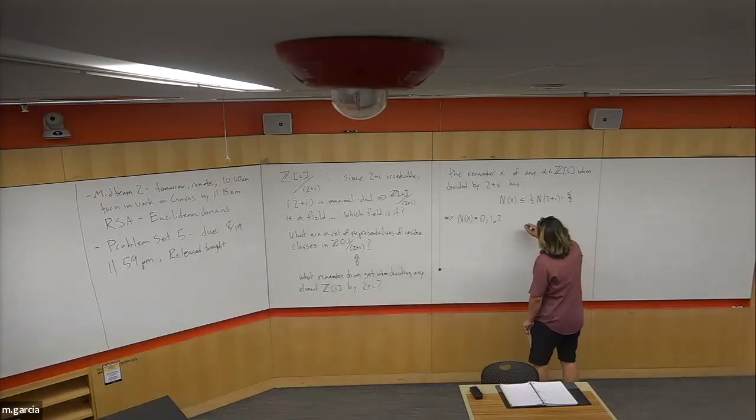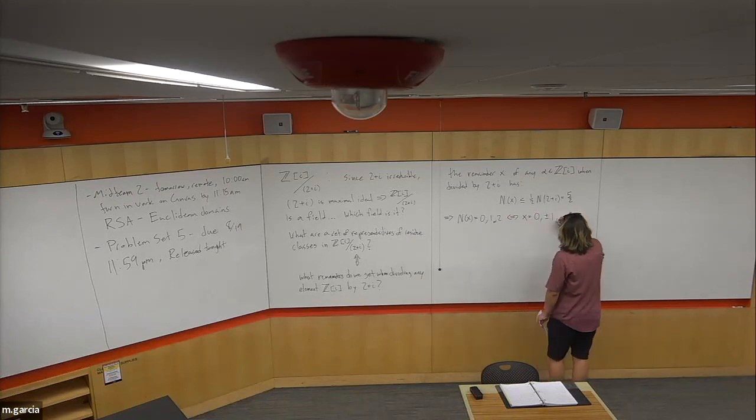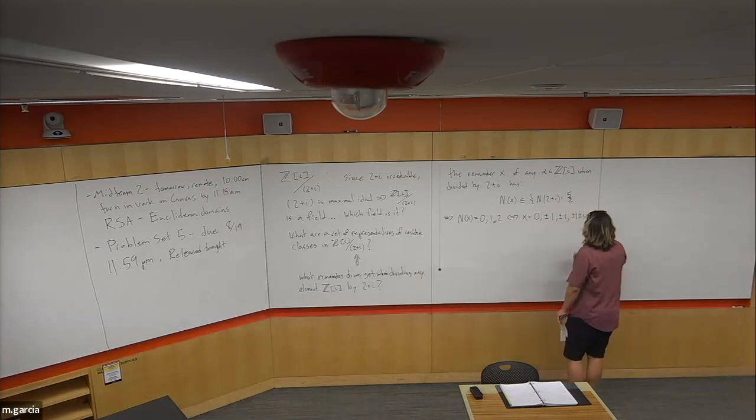In this case, the norm is 2 if and only if x is plus or minus 1, plus or minus i, and plus or minus 1, plus or minus i.